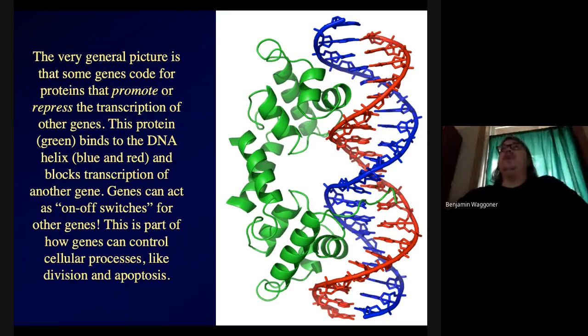So your liver cells still contain the DNA needed for making brain proteins, but that DNA has been shut off, and the only DNA that's actively transcribed in liver cells is the genes for making the proteins that the liver needs. And this is part of the story too, is that genes can block other genes and shut down other genes, but also start up other genes. And that's the tiniest little taste of how your cells can actually do this sort of thing. Genes control other genes.